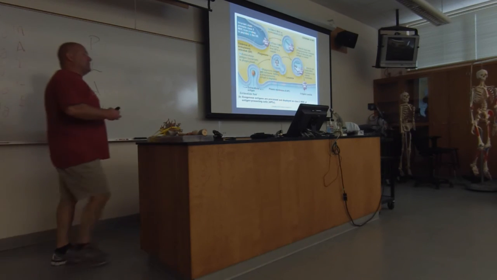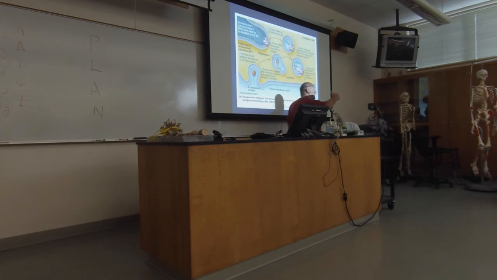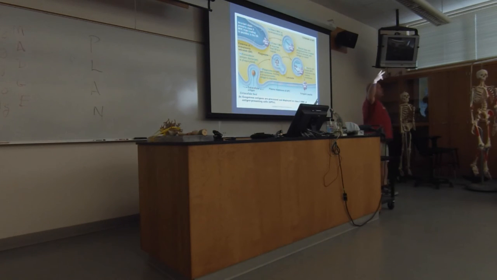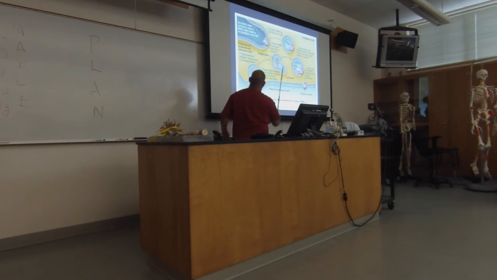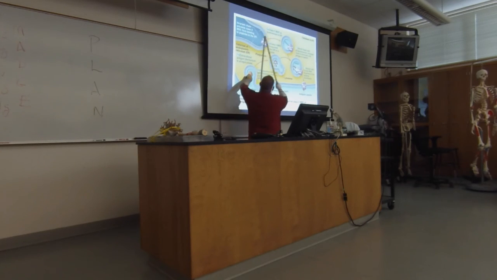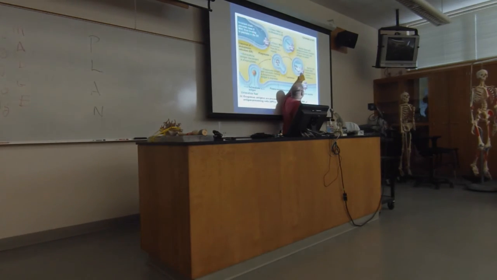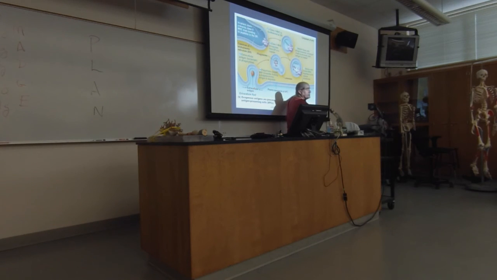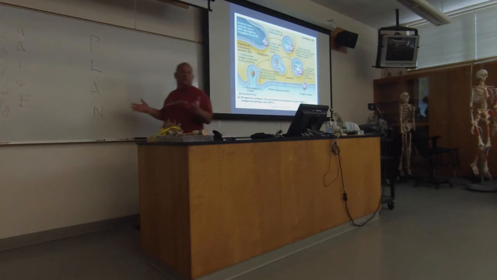Now, if this is an APC, an antigen-presenting cell, so a dendritic cell, macrophage, or B cell, then there's going to be ingestion of the antigen. I'm going to pull it in here and make an MHC class 2. So we're going to break the bad guy down and stick it on the MHC class 2. And then this is what's going to go over to a helper T cell and say, hey, this is what's invaded us.